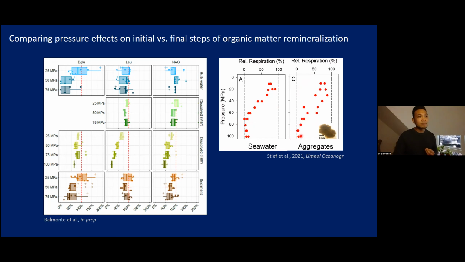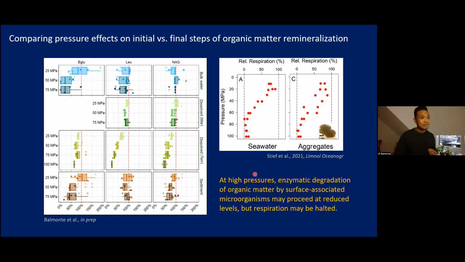You see near complete or complete inhibition of respiration at 90 or 100 megapascals, which when we compare that to the enzyme activity, we notice that at high pressures, it looks like enzymatic degradation of organic matter by surface-associated microorganisms may actually still proceed, albeit at reduced levels, but respiration may be halted. So these enzymes can continue breaking down the organic matter, but the organisms cannot then continue to respire it and bring it back to carbon dioxide, I think is what this is saying.